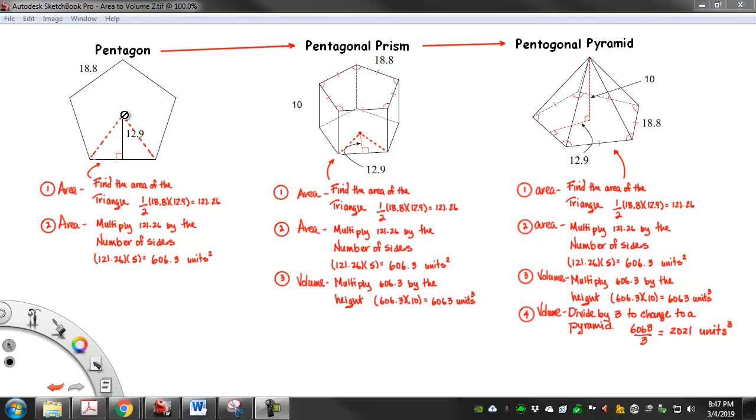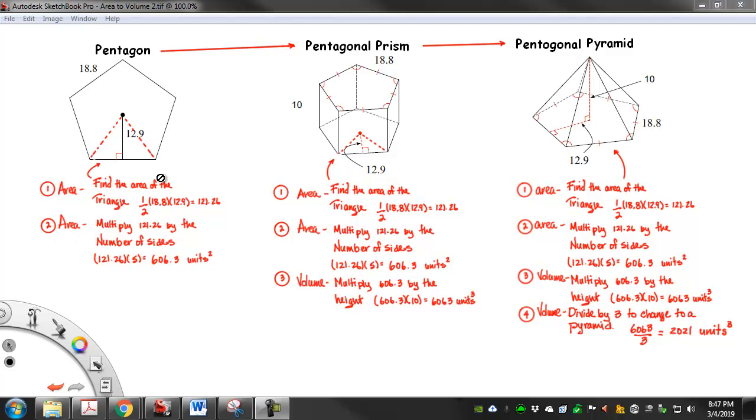So we're going to be taking just a simple idea of a triangle, finding the area of this triangle right here, and it's 1/2 times 18.8, which is this base, the width of the sides, times the height from the outside edge to the center of the pentagon, and that'll give me the area of a triangle, which is 121.26.